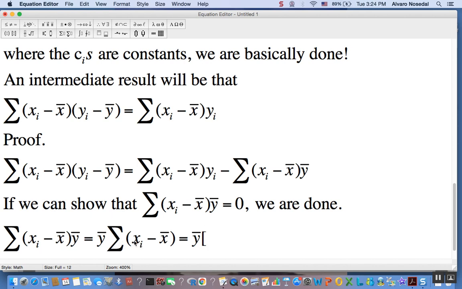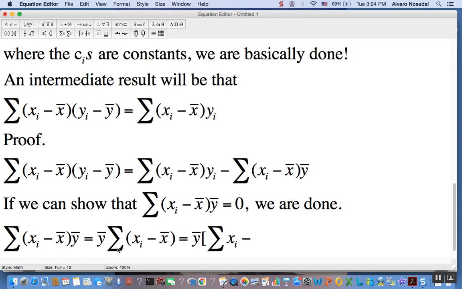In this case it would be the sum of xi's minus the sum of x bar, i goes from 1 to n.